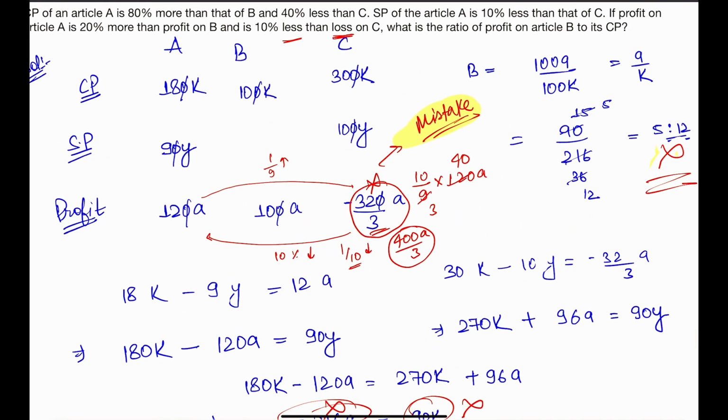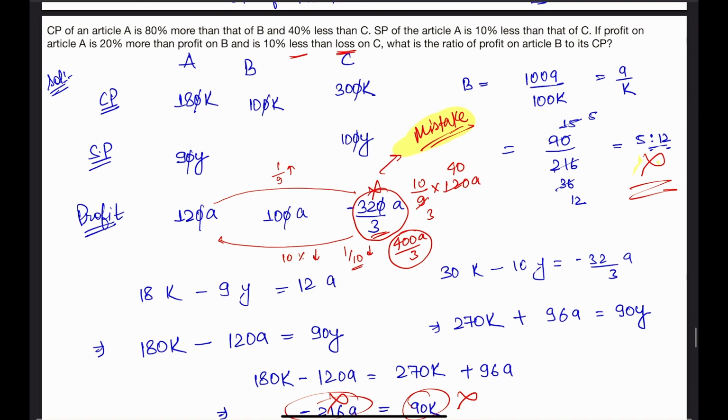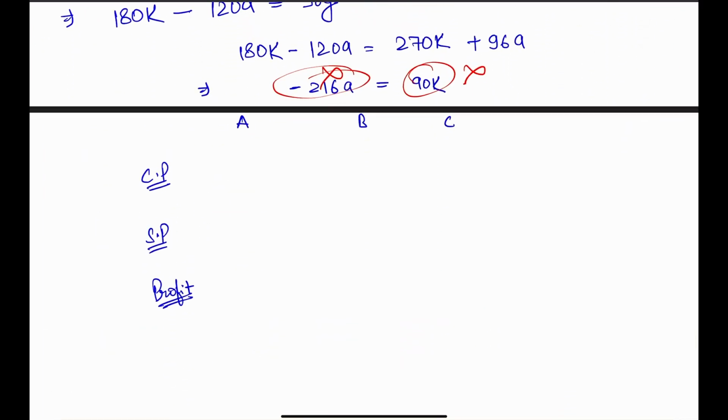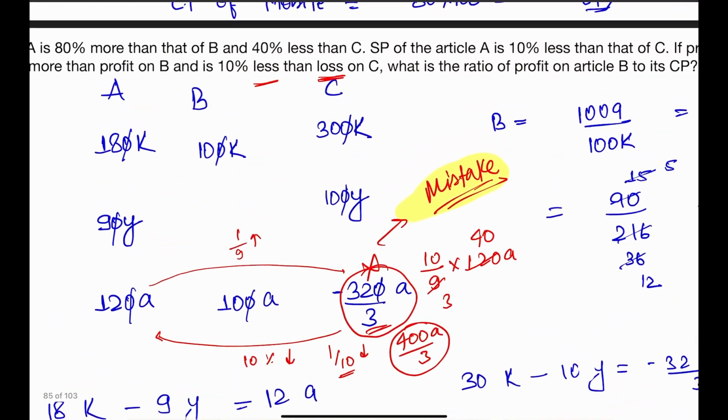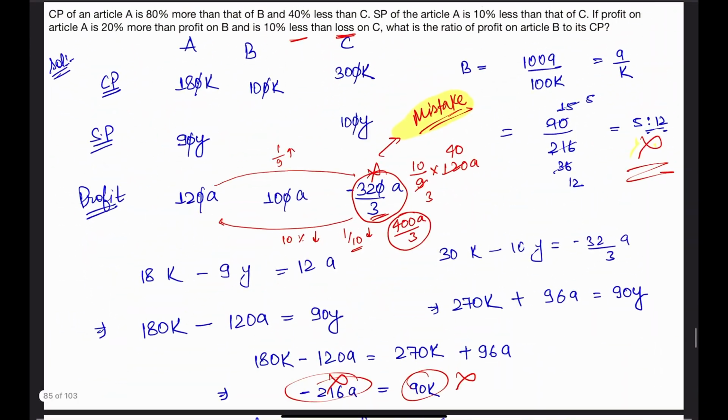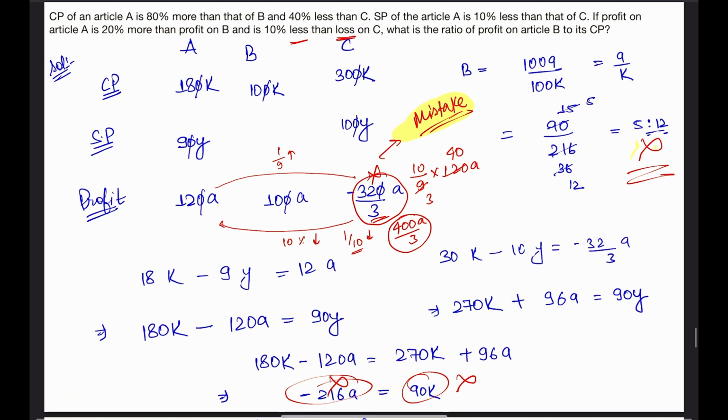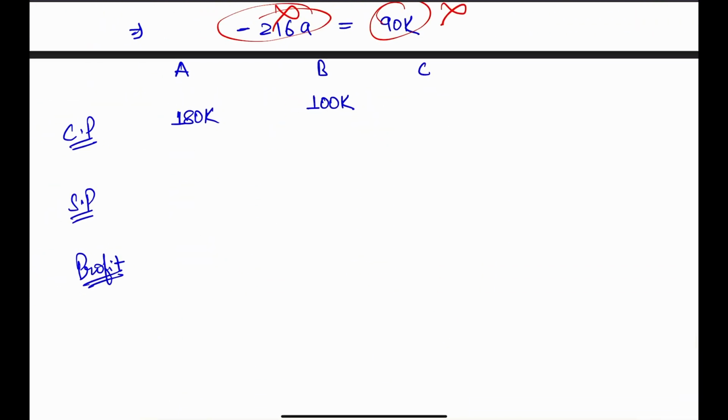CP of article A is 80% more than that of B, so it's fine. I can write over here 100K, 180K, and then 40% less than C. So it will be 60 upon 100, which is 3 upon 5.